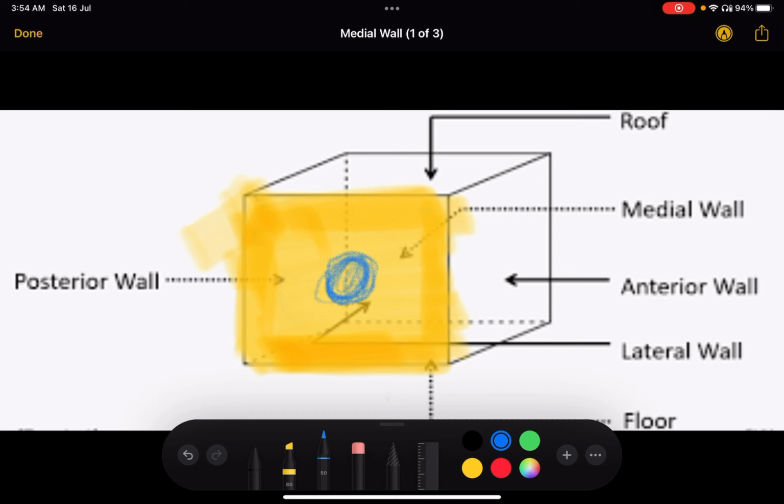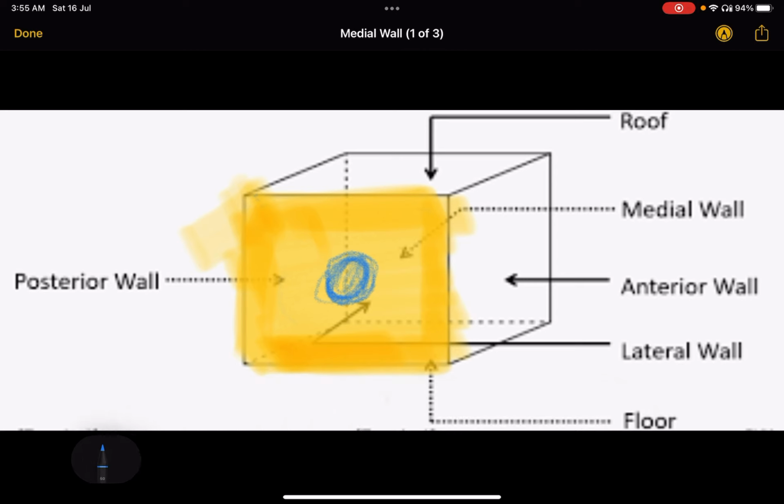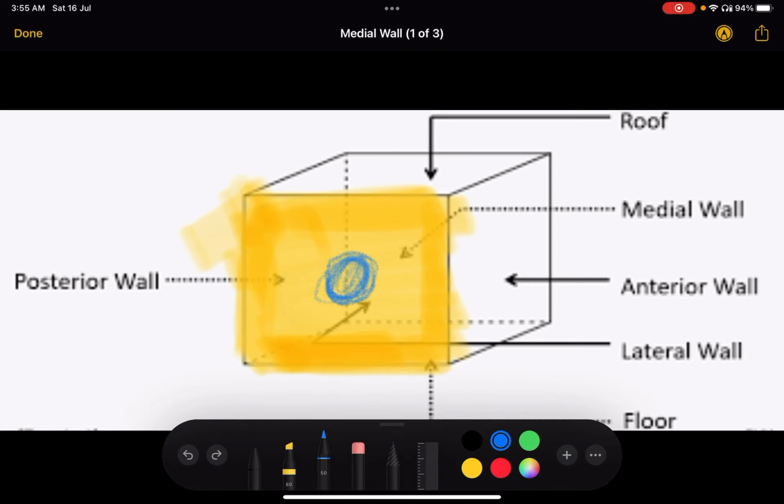The lateral wall itself is the tympanic membrane, but because I am making it a box for better understanding, what I basically mean is that the lateral wall itself is the tympanic membrane.